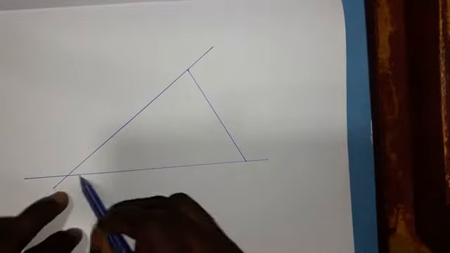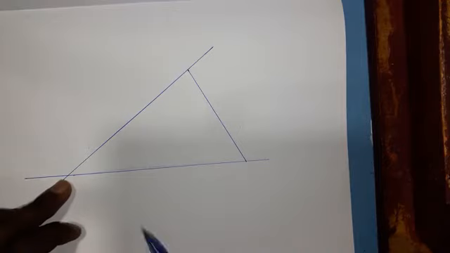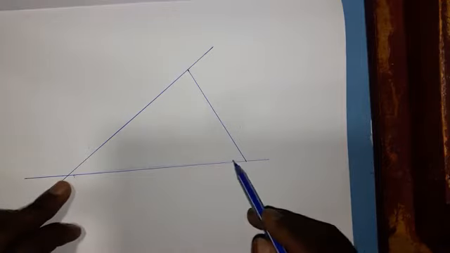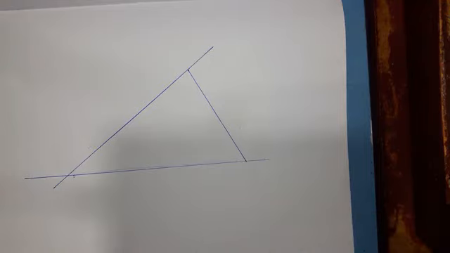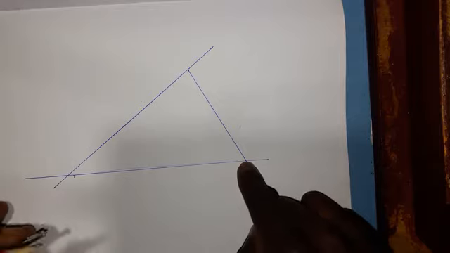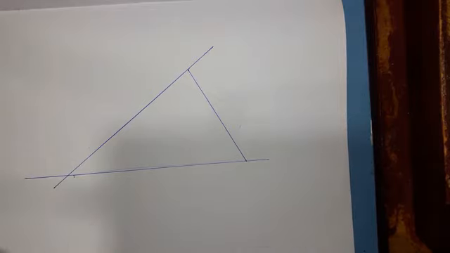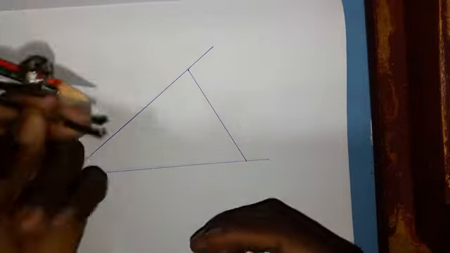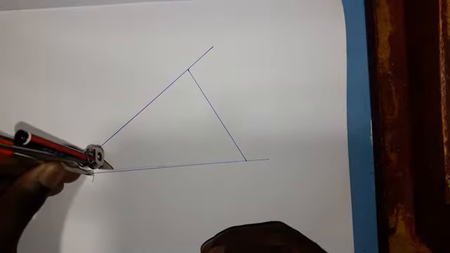For example, you had this line here, and you have been told, subdivide this line into, for example, 7 equal parts. What I'll simply do, I'll simply measure the length here, and then subdivide it by 7 so that I may be able to know the length of each small segment. After that, I'll simply come with that particular measured length, draw arcs on the line I want to subdivide.